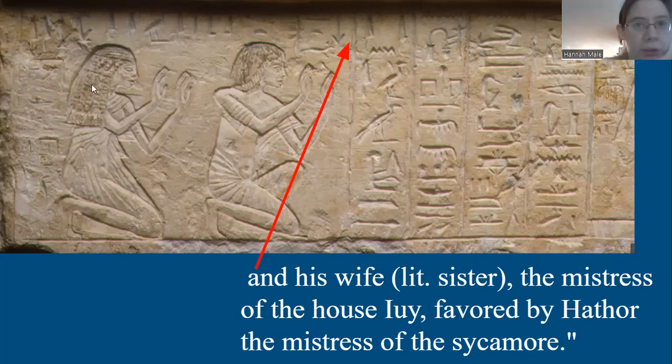So again, all this chunk is referring to her, this figure here. And you know that you start to read it from here because this person and this animal are both facing to the right. That's how you know you start to read it from here.